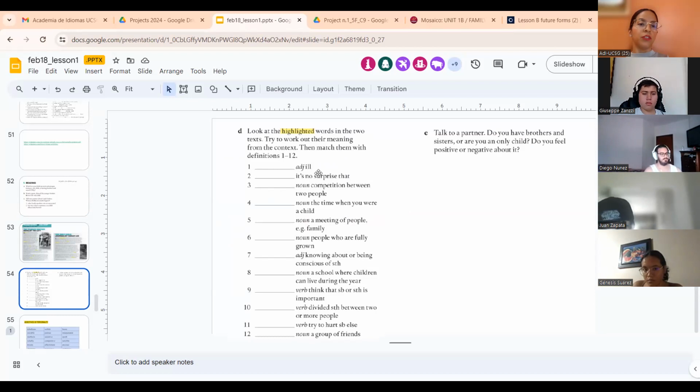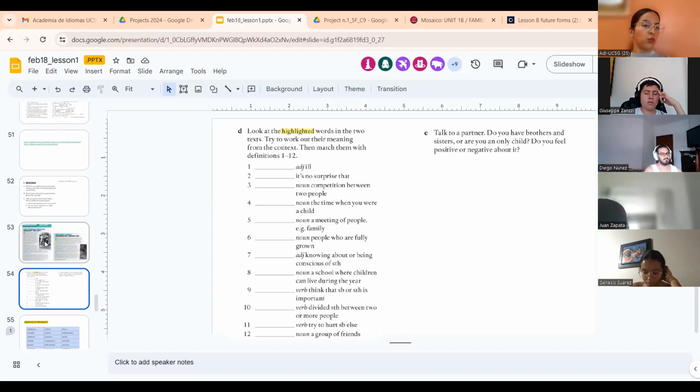Try to work out their meaning from the context and match them with definitions 1 to 12. The part of speech, guys, is in italics. Okay, the first one, for example, that's an adjective. And then we have nouns, verbs. Here we have a mix of words.